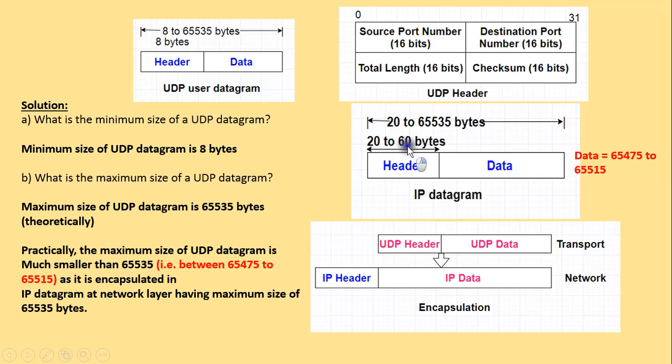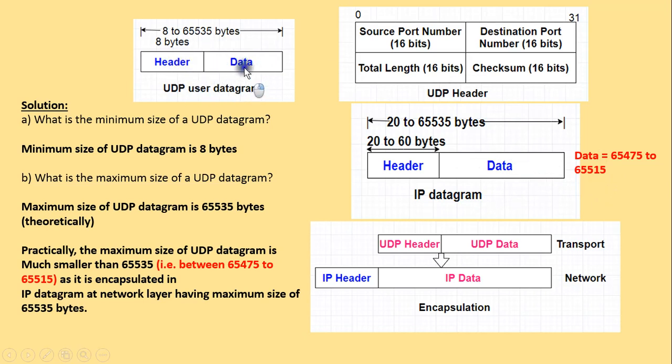But if the IPv4 header is varied between 20 to 60 bytes, then the data included in the IP datagram can vary from 65475 bytes to 65515 bytes. So this is the space left out in the data part of IP datagram to encapsulate the UDP datagram.